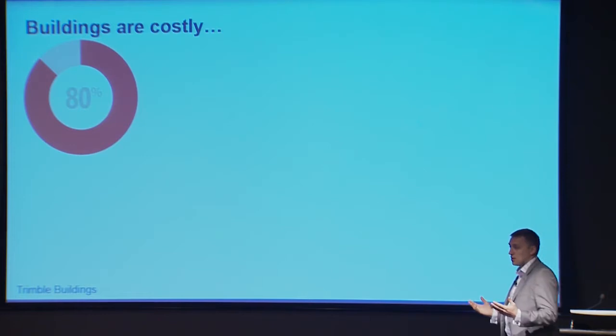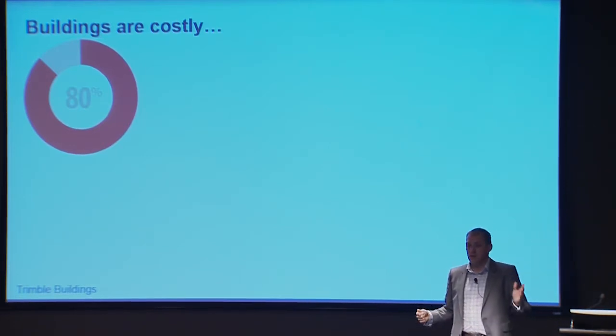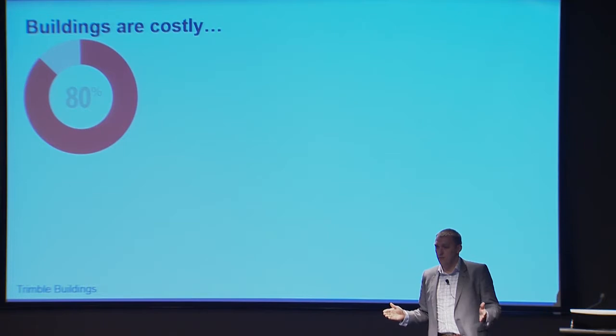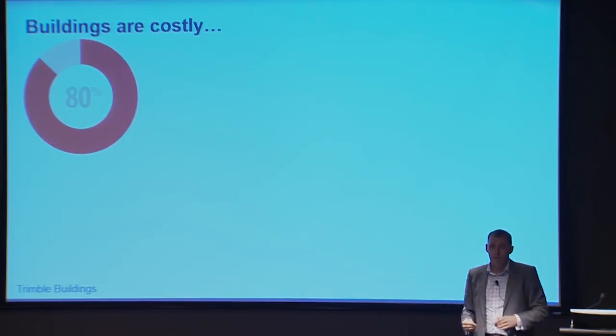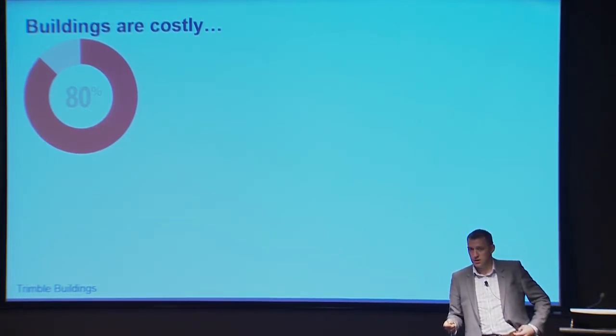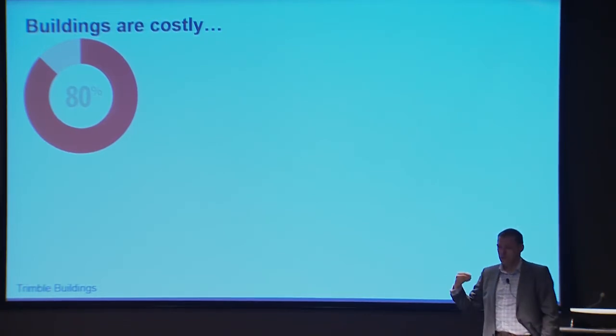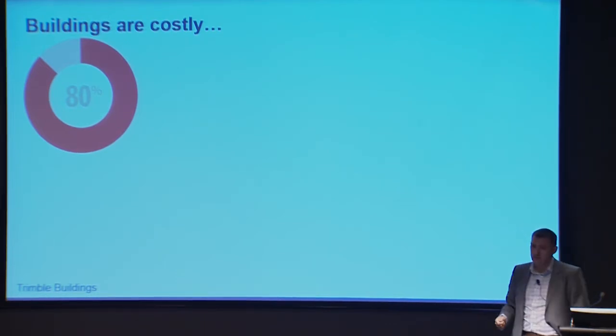Buildings are costly. Around about 80% of the cradle to grave life cycle of a building and an asset will be in the operational life. Around about 20%, therefore, is in the design and construction phase. So you can see that if we're driving so many savings through lean and so on within the construction end, we can drive a lot more efficiency within the operational life.